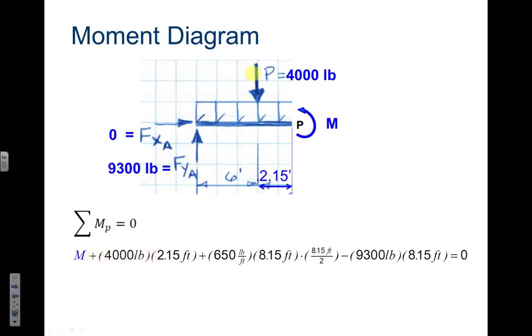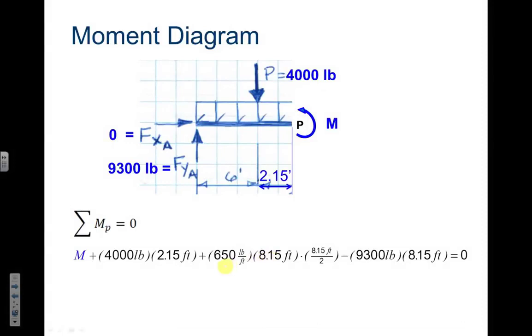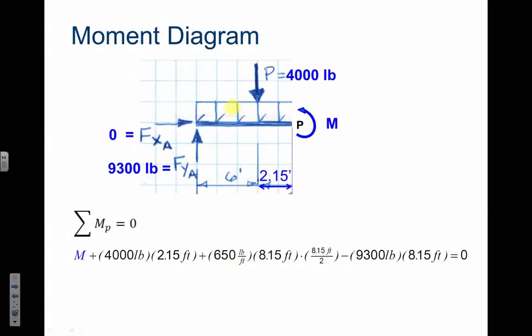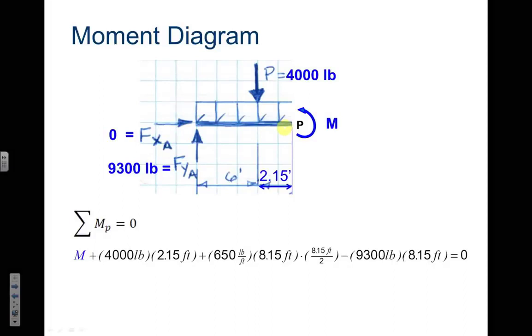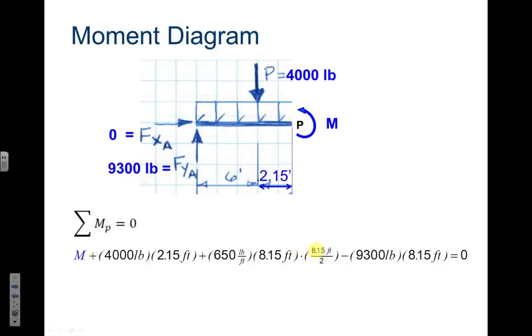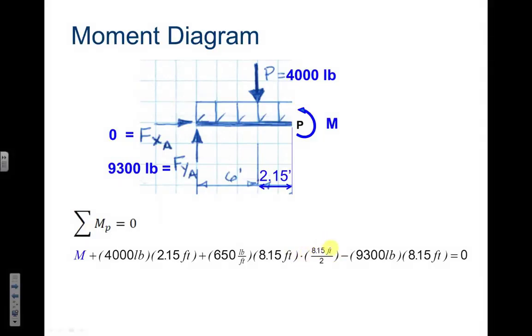So 4,000 times 2.15 feet plus 650 times 8.15 feet. 650 is our uniform load. It's spanning a distance of 8.15 feet. And we did 8.15 feet divided by 2, because that's like putting that load right in the middle.